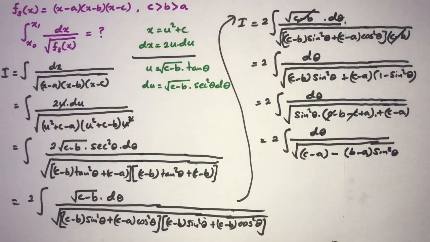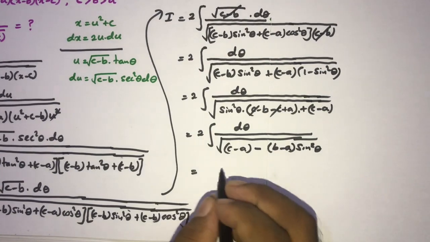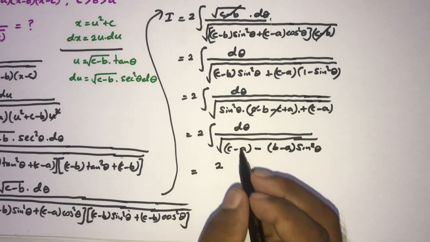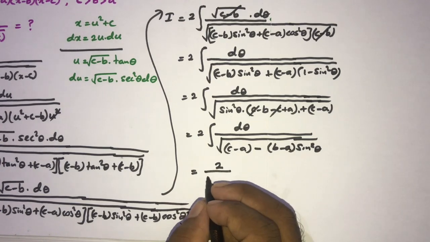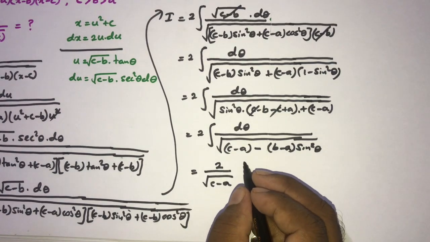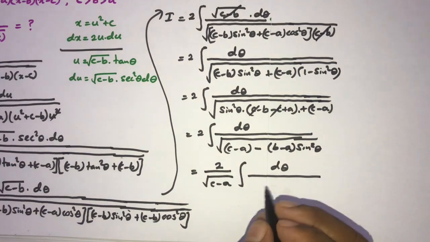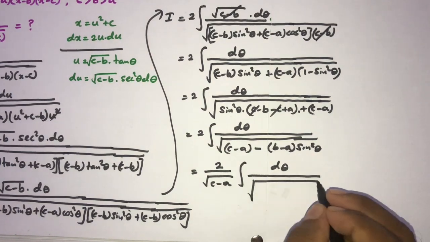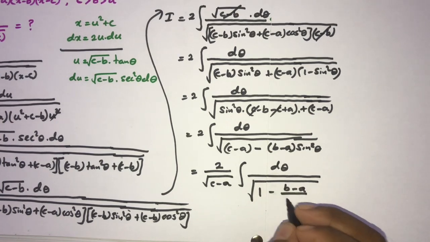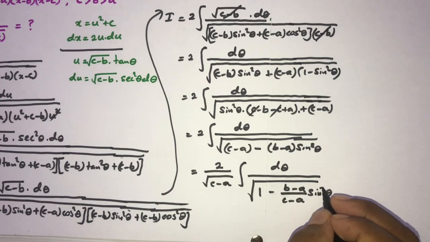Then I'm going to take c minus a, square root of c minus a as a common factor, so we can write it outside of the integral sign. So here integral of d theta over, now here we have the square root of 1 minus b minus a over c minus a sine square of theta.